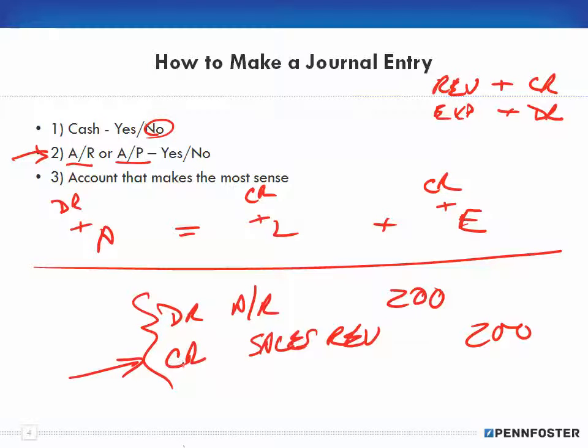But if you think from the perspective of, am I affecting cash? Yes or no? No. Am I affecting accounts receivable or accounts payable? Yes. Well, which is it? Receivable or payable? If it's a receivable, you immediately back into the credit to the sales revenue, and you don't have to worry about it.